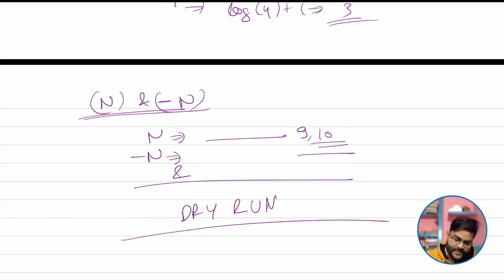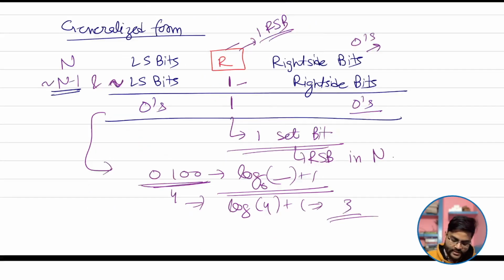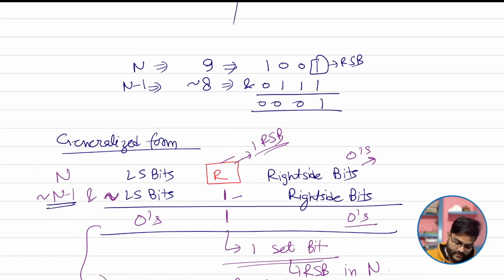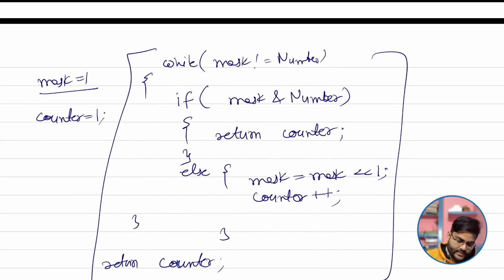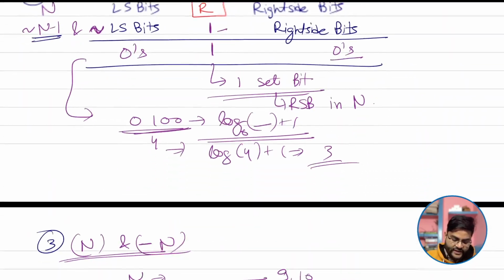Okay, it is same like this only. You need to identify these behaviors, which bits are inverting, which bits are same. Okay, you will get it. So this is another way. This is my third way, it was my second way, and this was my first way. So these are the three ways to find the position of the rightmost set bit.